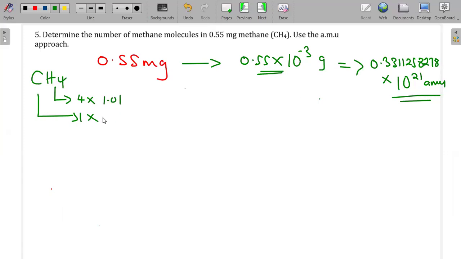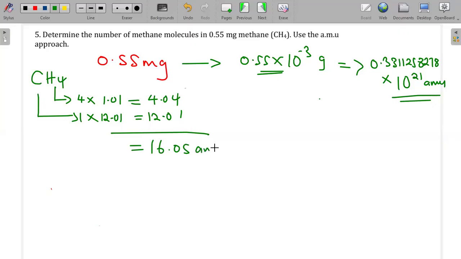And for the carbon, you can check it, rounded off to 2 decimal places, that is 12.01. So the hydrogen part is 4.04, and this other one is 12.01. Let me add: that would be 16.05. And we said the units should be atomic mass units.